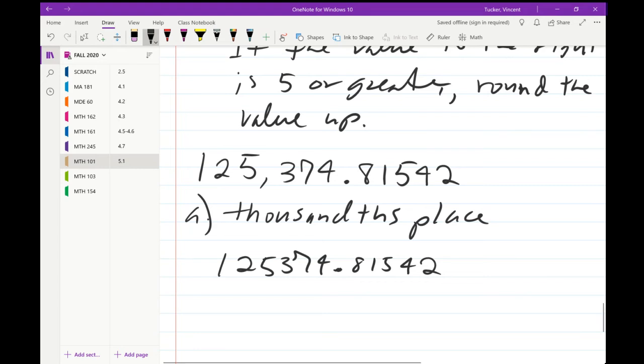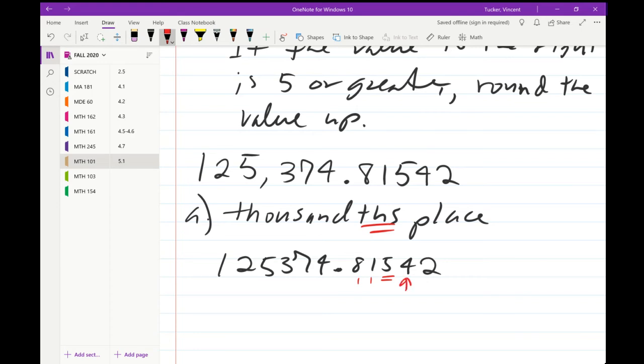And don't forget, since it says THS, that lets us know it's to the right of our decimal. So we have tenths place, hundredths place, thousandths place. So that 5 to the right of your decimal is in the thousandths place.